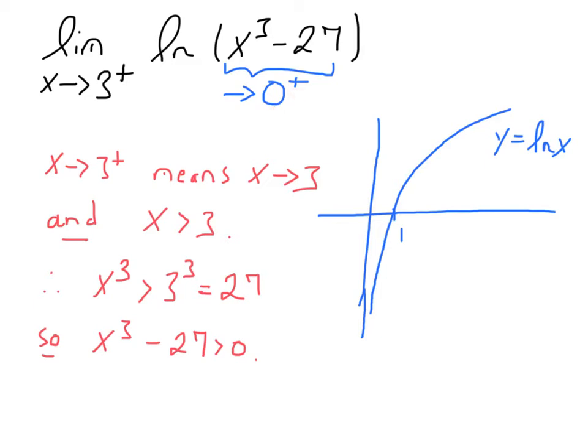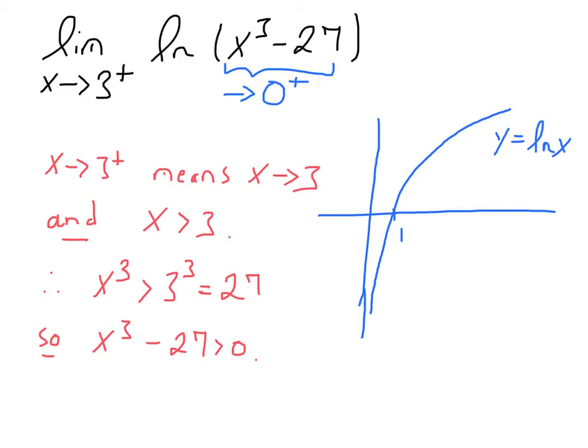So the question then is, what does the log of a very small positive number look like? And to see that, if we recall what the graph of the log of x looks like, we can answer that question. The log of a very, very small positive number is a very, very large negative number. And as we take logs of increasingly small positive numbers, we obtain increasingly large negative numbers.